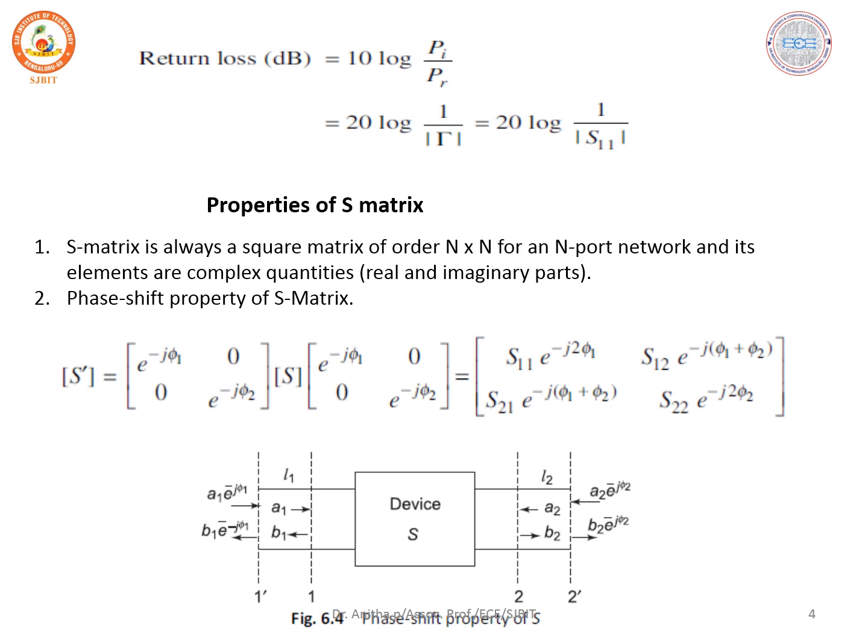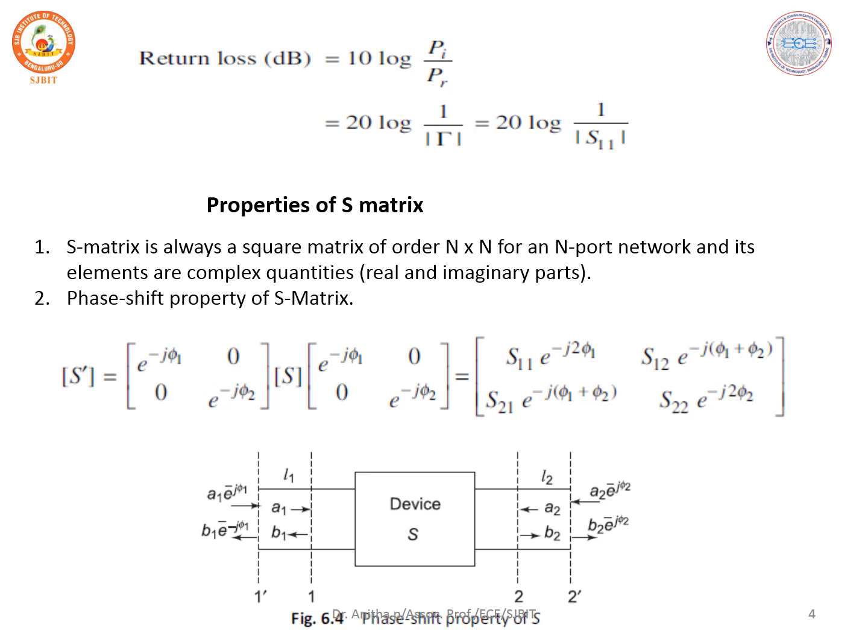So e power minus j phi 1, e power minus j phi 2 along the diagonal components. If you look at the final S matrix, you can observe when you change the reference plane, attenuation is not happening, only the phase is changing. So that is accounted here.